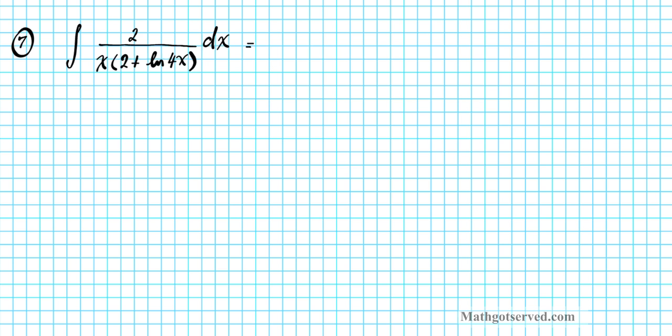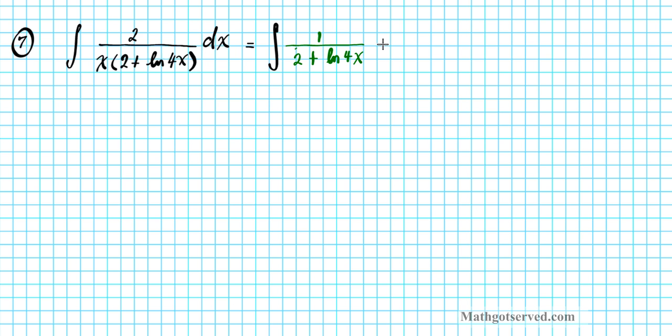To make it easier to see, let's go ahead and split this function into 2. So what if we write it as the integral of 1 over 2 plus the natural logarithm of 4x, okay?